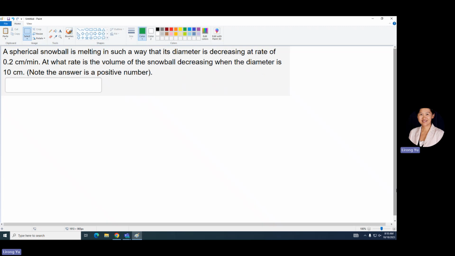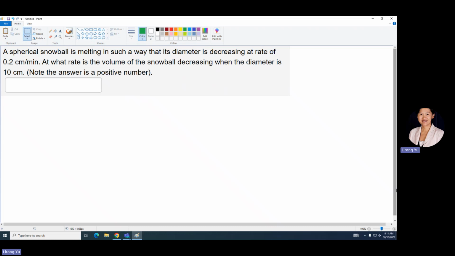When you have some kind of concept or equation that relates the quantities, then we will be able to find the derivative of the left side and right side of the equation, and then we find the rate from there. So for related rates, first you have to have related quantities, and then you can find the derivative, which would be the rate.